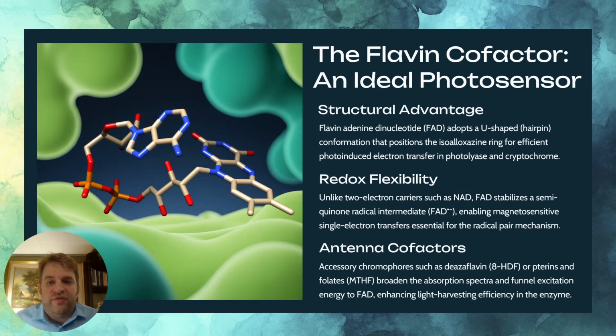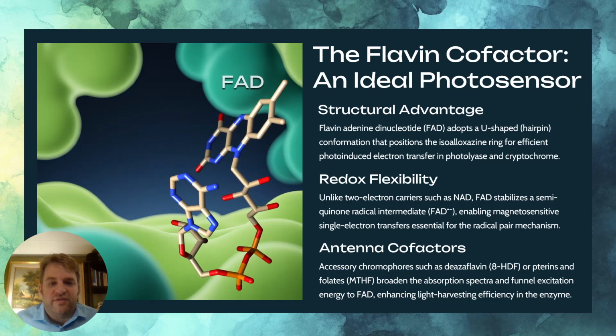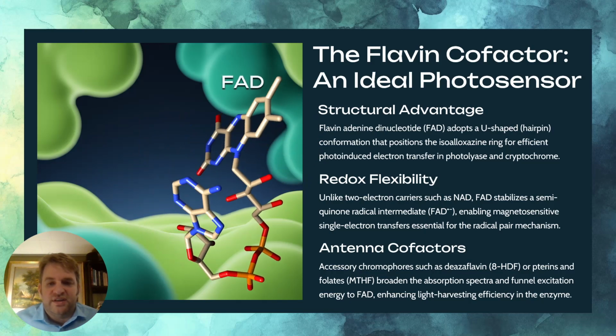Now, the Flavin cofactor itself is in some sense an ideal photosensor because of these interesting and unique properties it has. So the Flavin adenine dinucleotide adopts a U-shaped or hairpin kind of conformation, as you can now see here, that positions the isoalloxazine ring for efficient photoinduced electron transfer in Photolyase and in cryptochrome, for that matter.